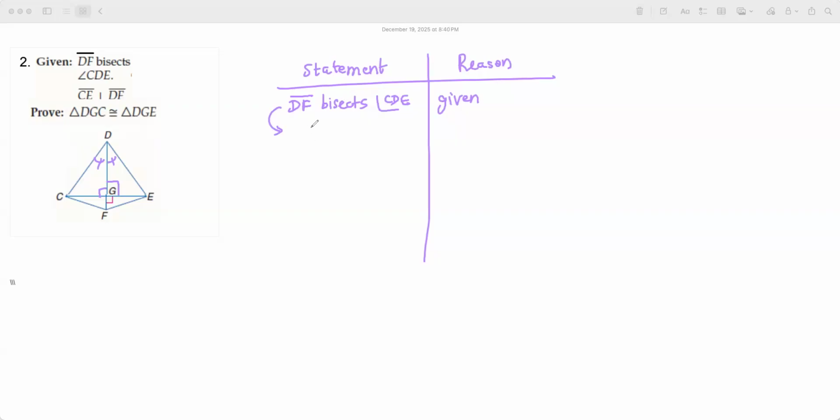Angle GDC is congruent to angle GDE. Yeah, good. CDE is congruent to EDG, correct, Johan? Definition of angle bisector.